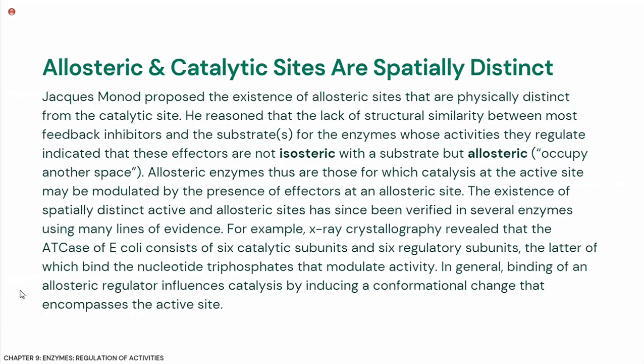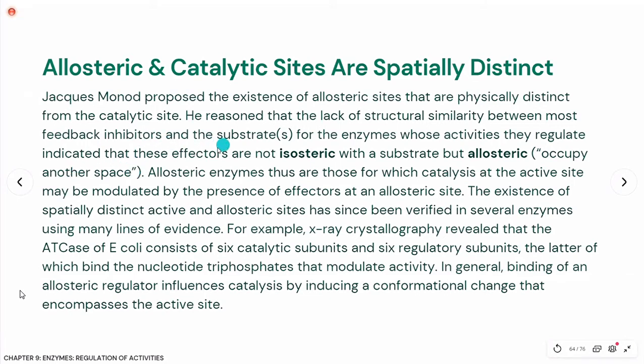All right. Allosteric and catalytic sites are spatially distinct. Allosteric sites are usually sites for inhibition. Allosteric means another area or another place of the enzyme. Allosteric sites occupy another space, not very near the catalytic site.